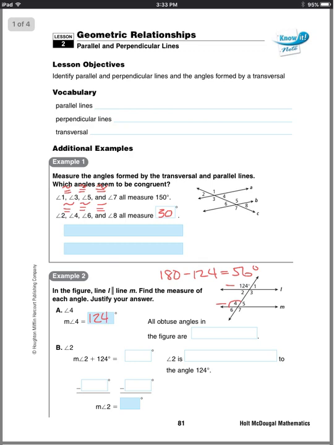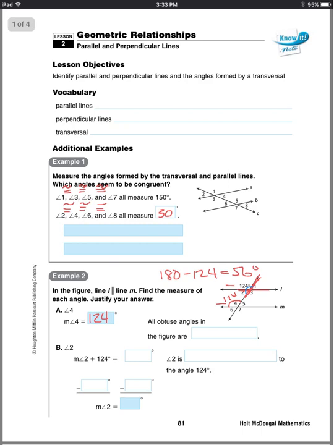Okay, now the measure of angle 2. Well, would you agree that this is a straight line, this is a straight line, so they're intersecting lines to create vertical angles, and that this here is a straight angle, which measures 180. Those 2 angles are adjacent angles on a straight line.